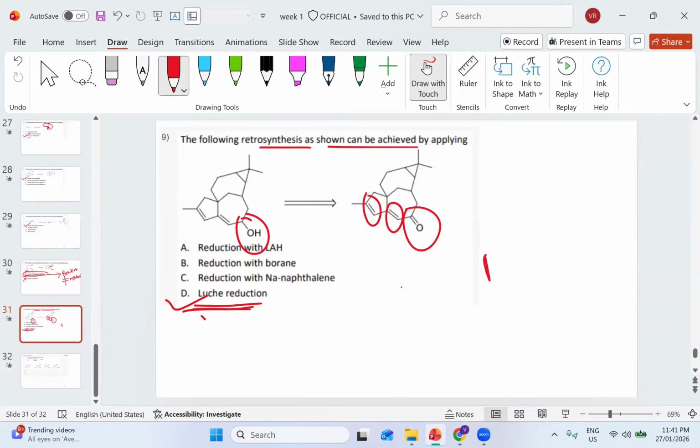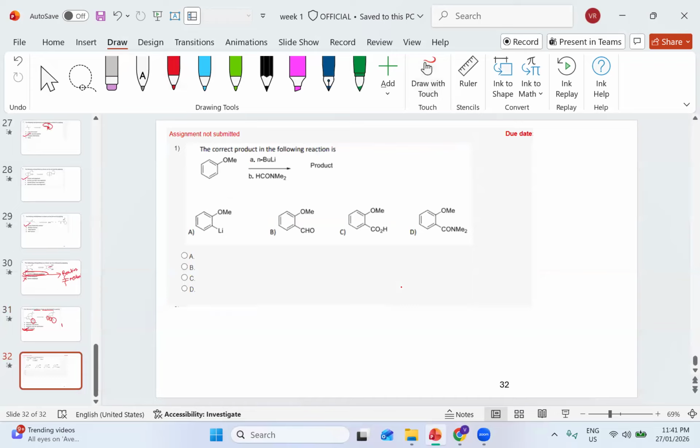So for this one, the Luche reduction is the correct answer. The next one is the correct product formed in the following reaction. So that's what I have shown as an example earlier.